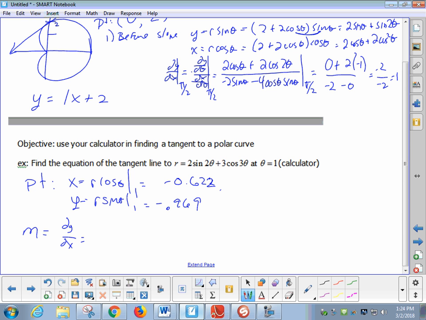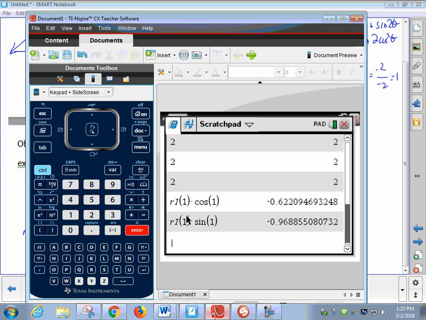So we want dy d theta at 1 over dx d theta at 1. So I need to take the numerical derivative of r sine theta at 1 and the numerical derivative of r cosine theta at 1. That'll be a big mess, but let's see what we get.